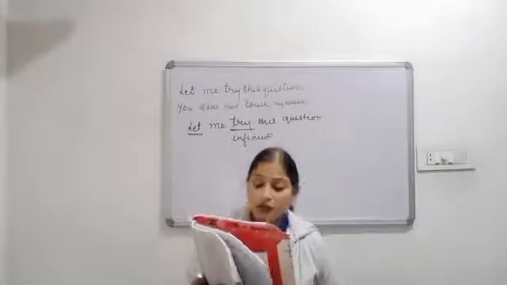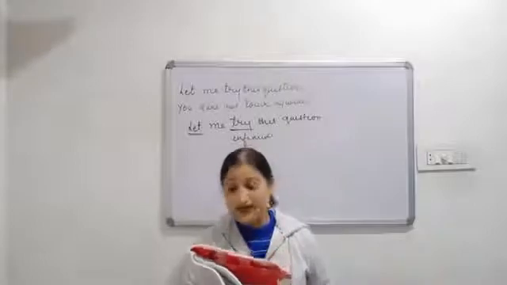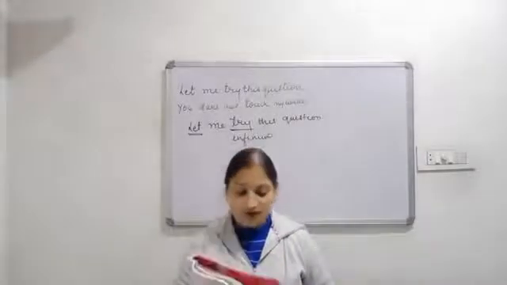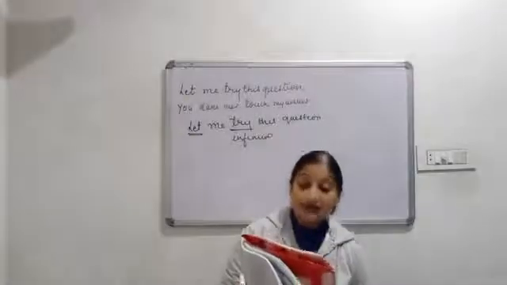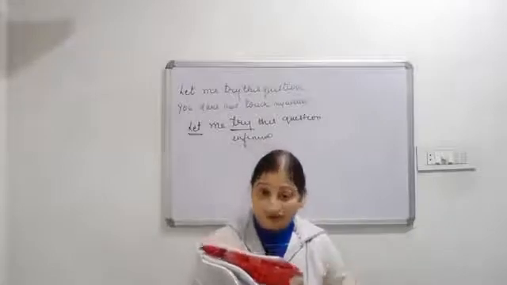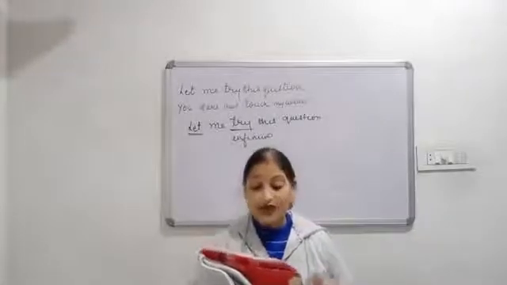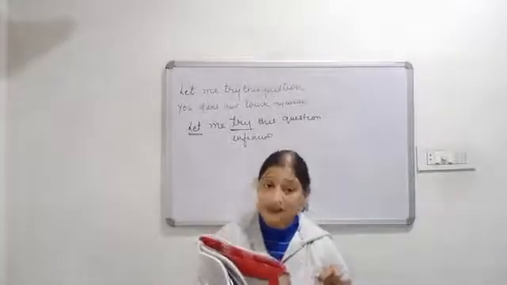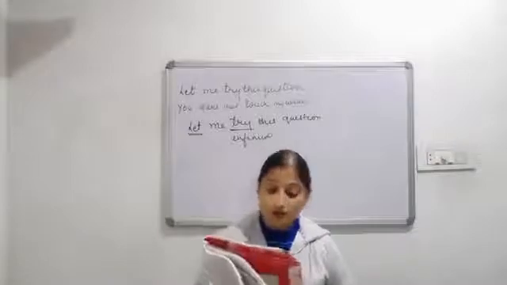We should use the infinitive without to after these expressions like had better, would rather, sooner than and rather than. Once again children, we can use the infinitive without to if the sentences have had better, would rather, sooner than and rather than.